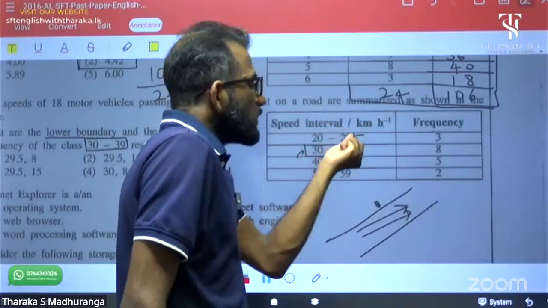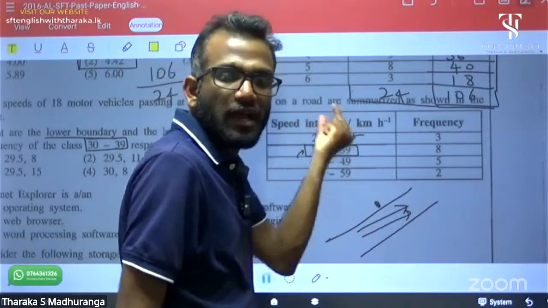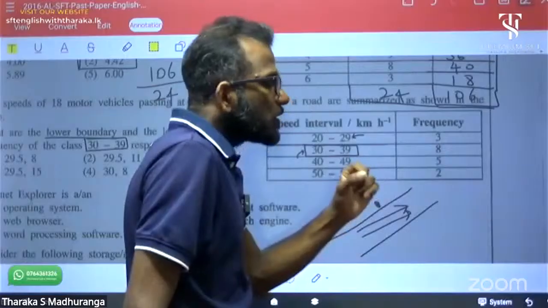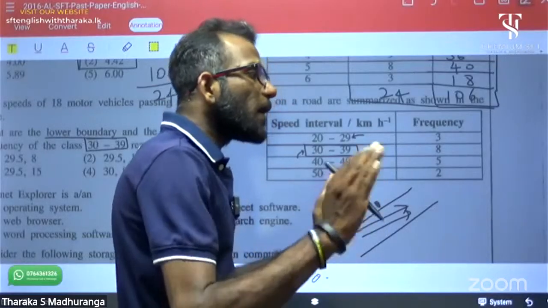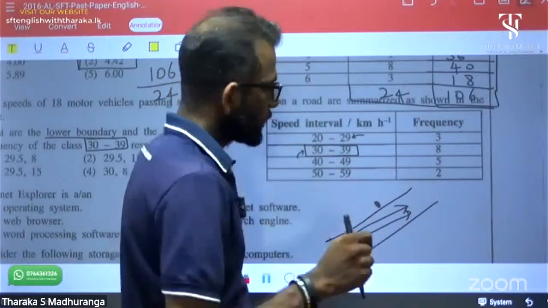Now 20-29, 30-39 have gaps. Therefore, they are class limits, not class boundaries. The main characteristic of class boundaries is that they don't have gaps between classes.